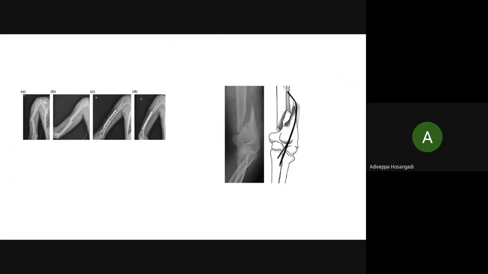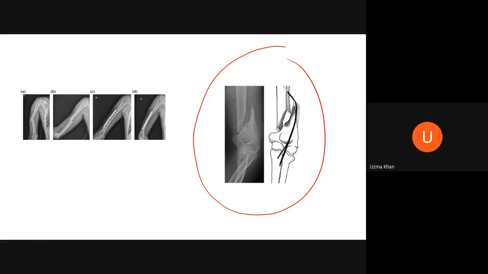Neurovascular means it need not be vascular or neurological; it can be combined or individual. So, most commonly, can anybody tell me what this is? This is the Holstein-Lewis fracture.